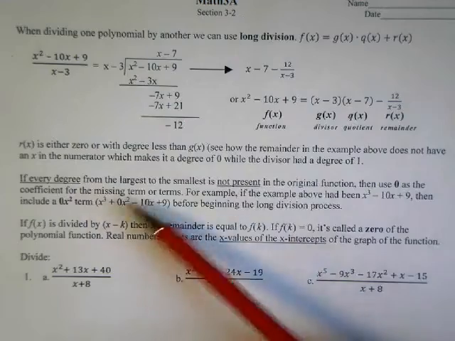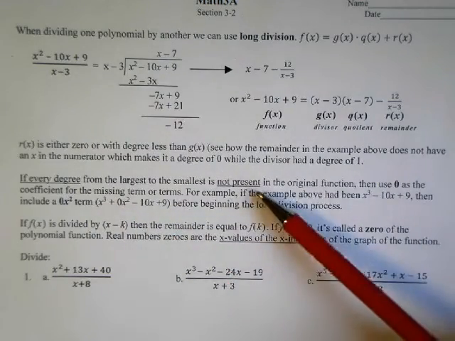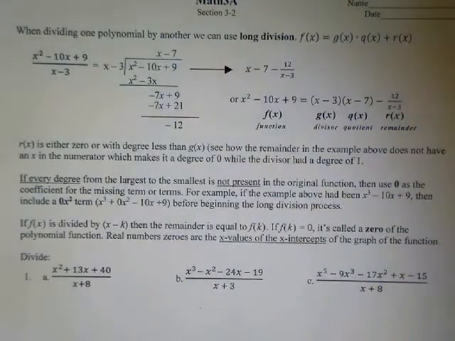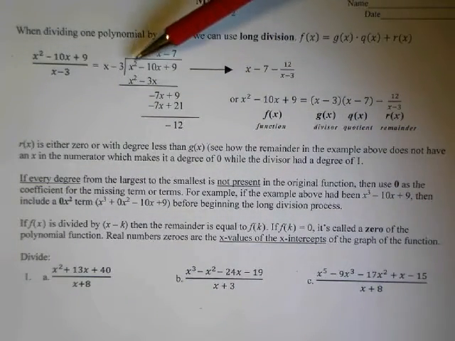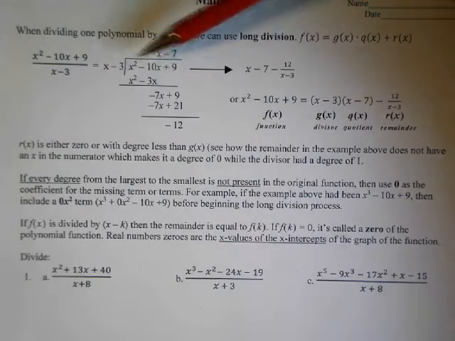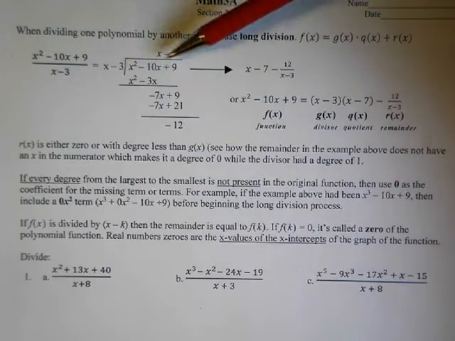If every degree from the largest to the smallest is not present, then we have to use zeros so that we fill it in. Now in this particular case, note we had x squared minus 10x plus 9, so every degree was there, the 2, the 1, and then the 0.